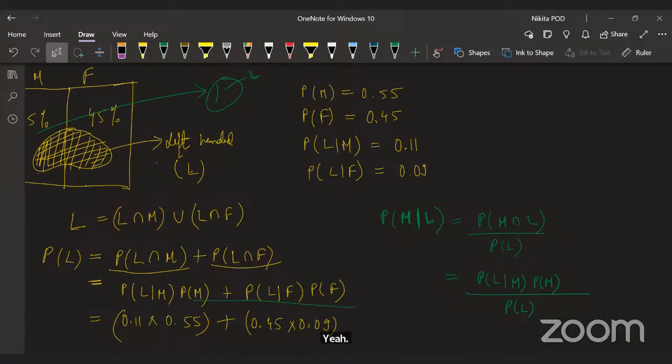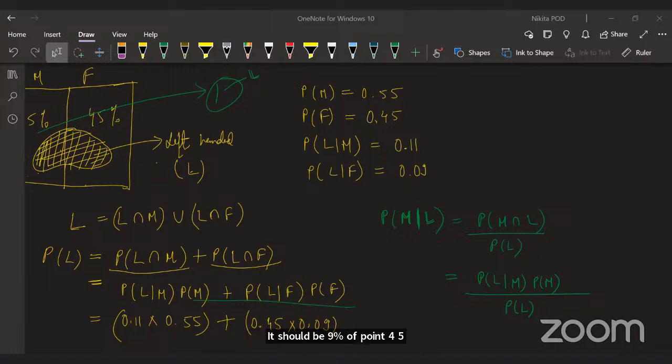No, just look at the question. Among all the females, 9% are left-handed. So it should be 9% of 0.45.